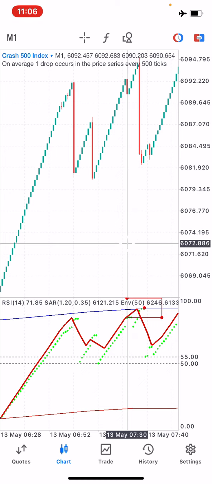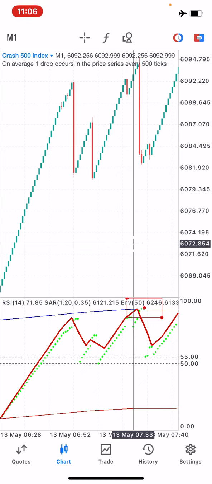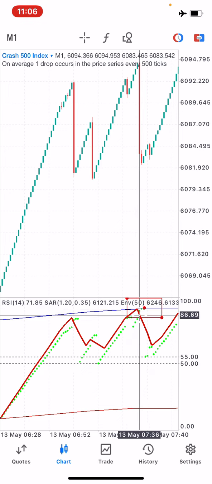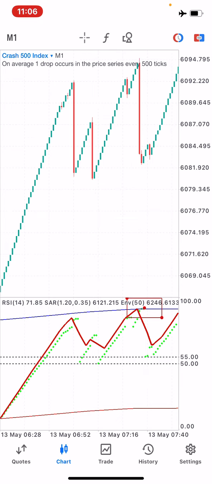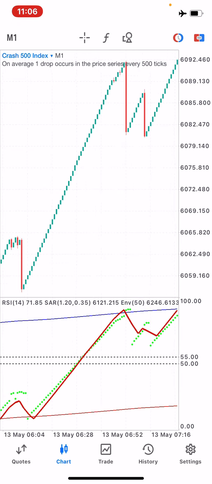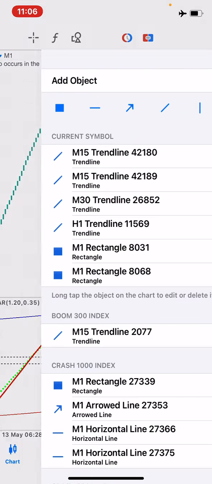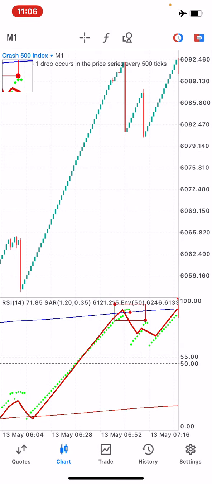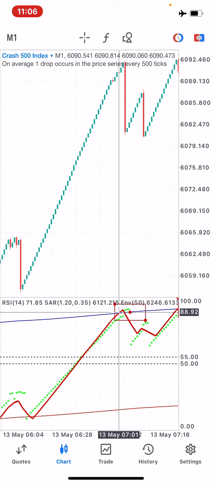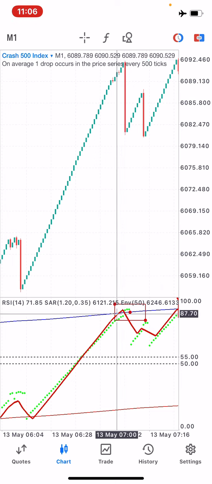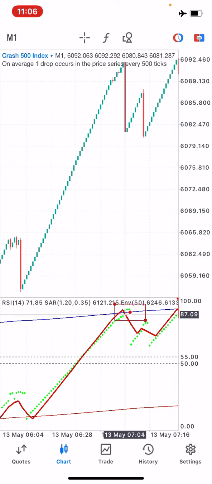So you start selling probably somewhere here because that's when it started touching the blue line, and you hold until you get this long spike on your way, right? Same thing happened right here. You probably start selling the moment it touched the blue line, which was around here, and then you'd wait for the spike to occur.